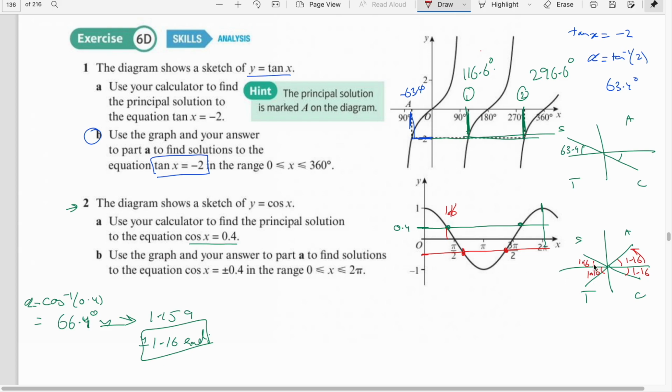And the second angle is 1.16 less than pi. So in the calculator, pi minus 1.16, I'm getting 1.98. The second angle is 1.98. Now the third angle is 1.16 more than pi. That gives me 4.30. And this fourth one is 1.16 less than 2 pi.